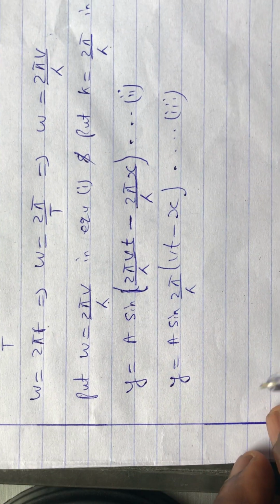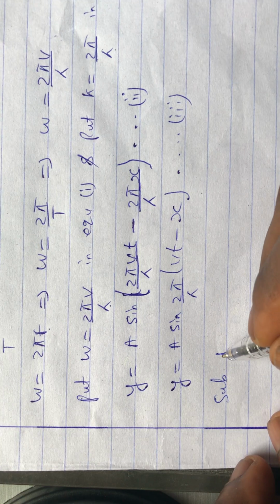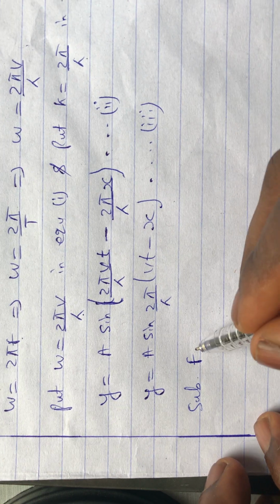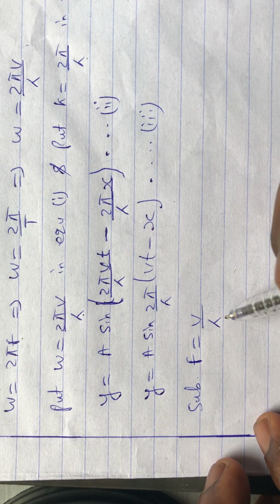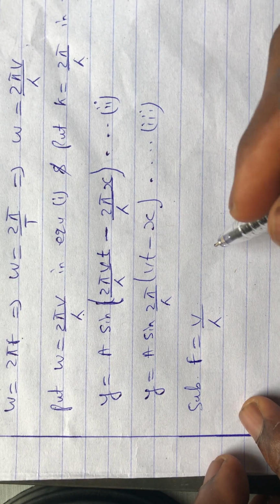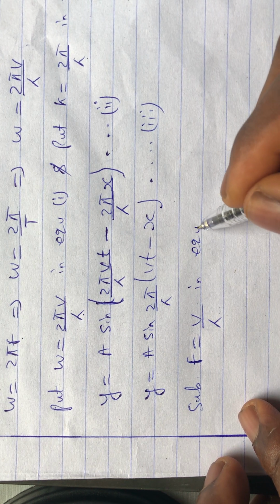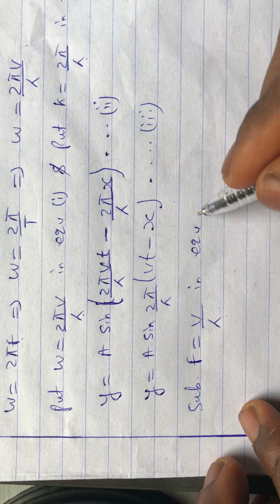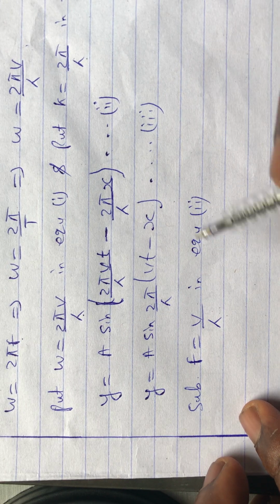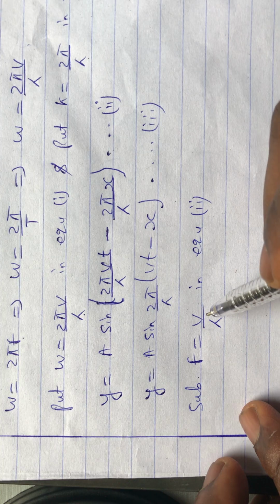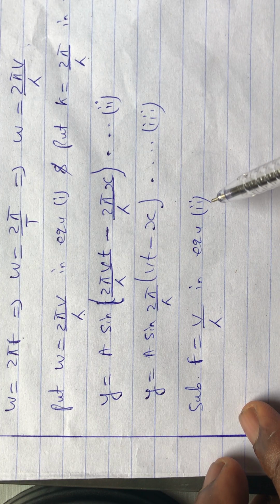So, substitute f equals v all over lambda in equation II, the second equation, which is this one.